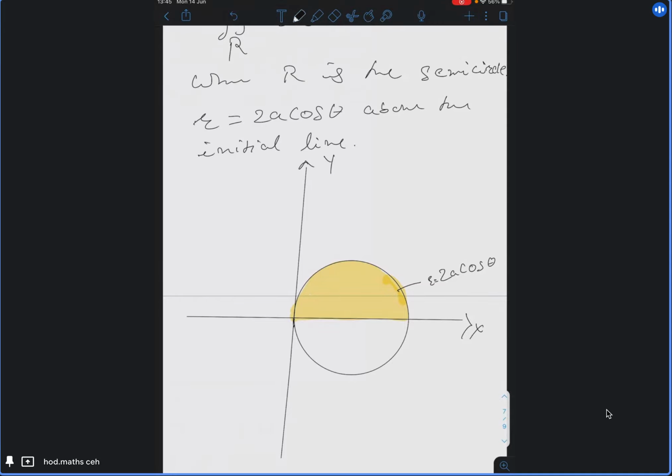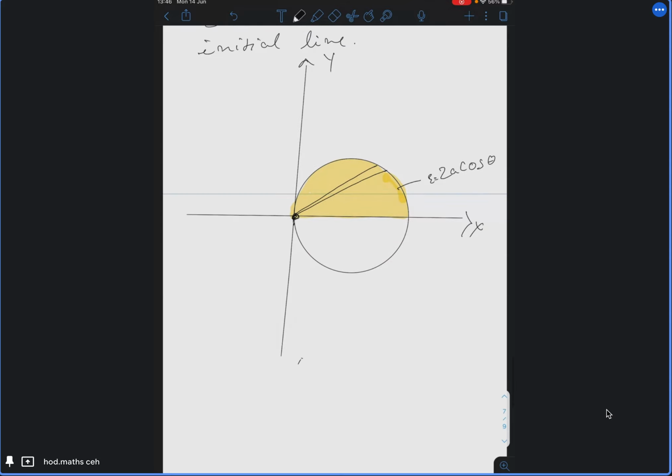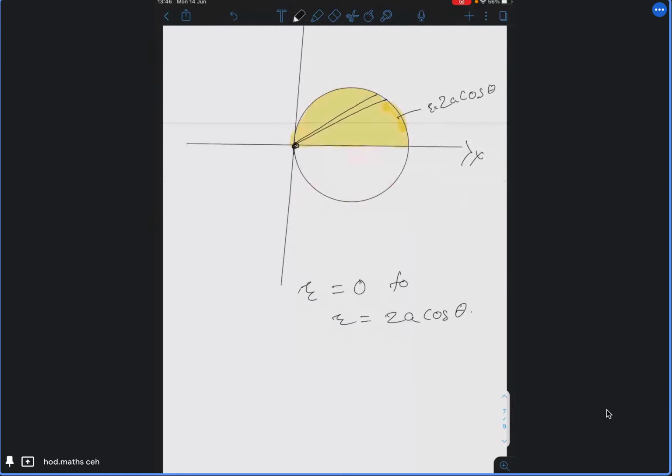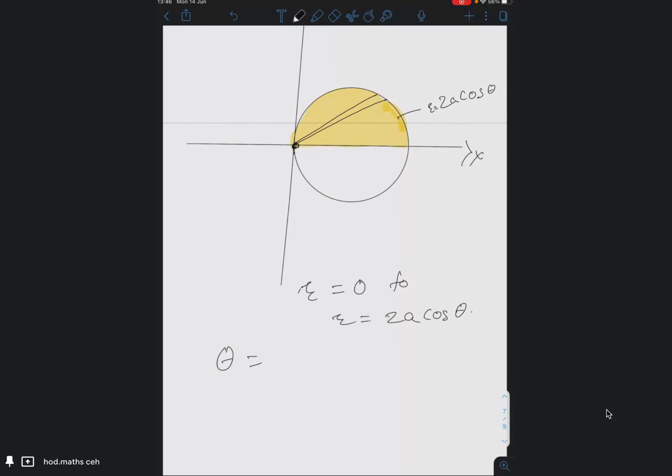Okay. Now for r values, you draw a radial vector from the origin. From the origin to this curve it is going. So r limits will be from r is equal to 0 to r is equal to 2a cos theta. Now tell me about the angle theta, from where to where it is going? 0 to pi by 2.